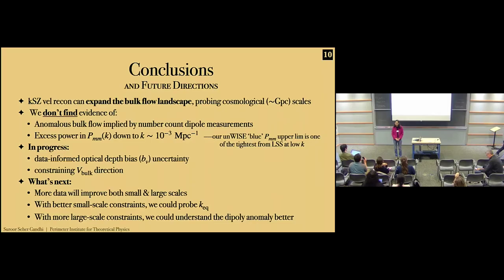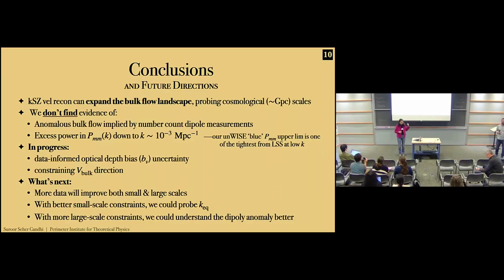So to what extent is this kSZ measurement, since it's responding to both the optical depth times velocity, independent from the galaxy count measurement? Yeah, that's a connection I don't think I have made or thought about, but I should think about that.